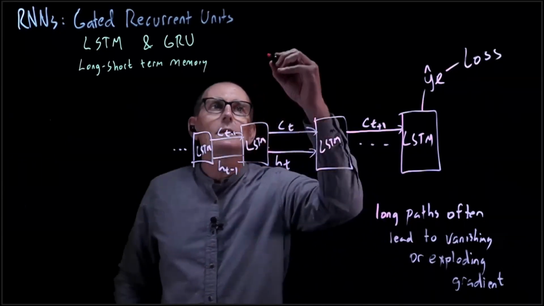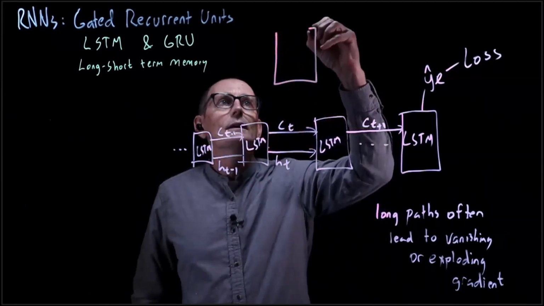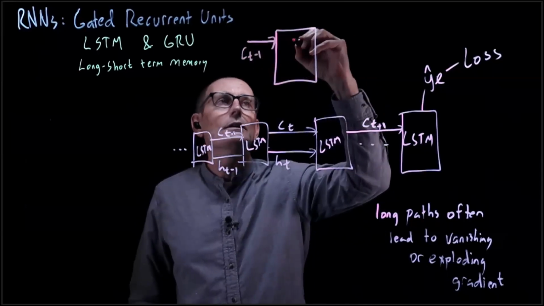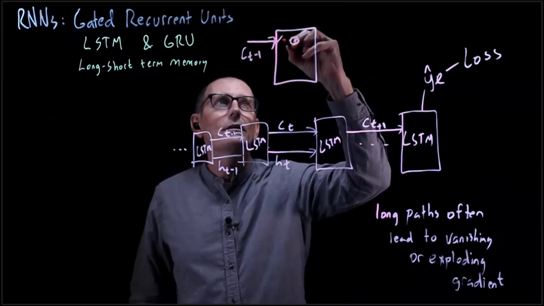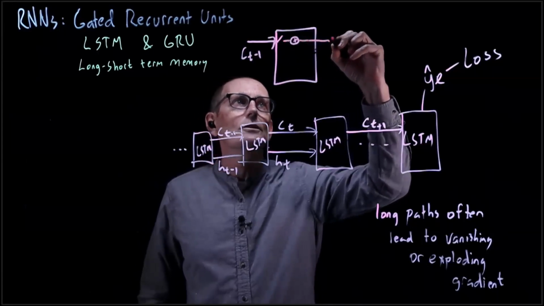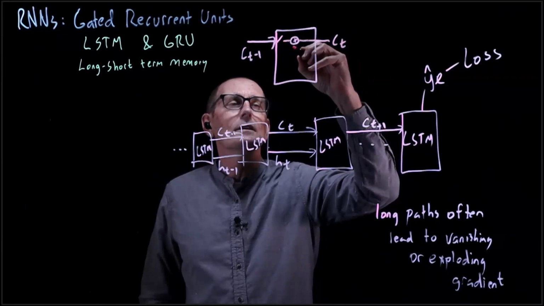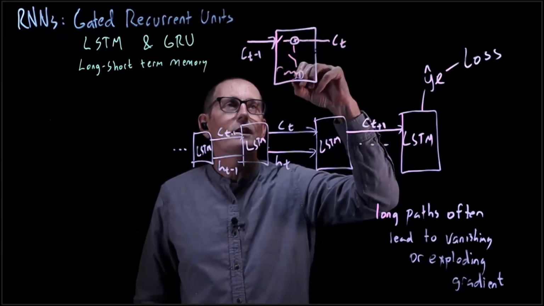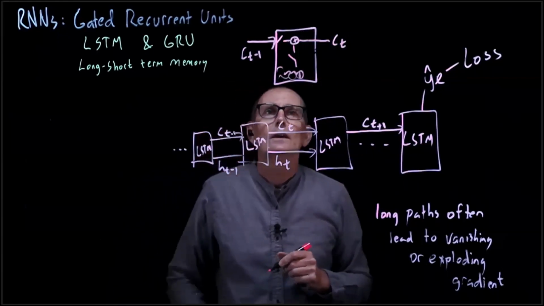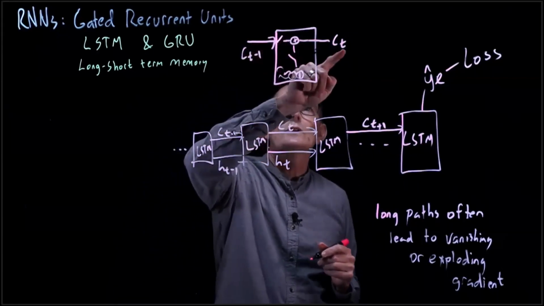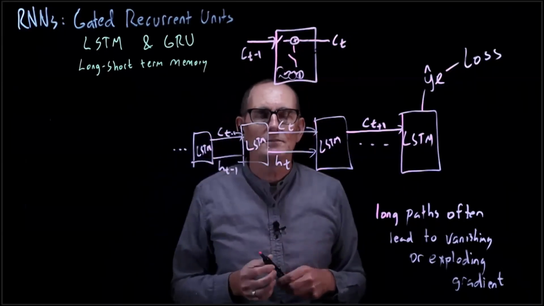The thing to keep in mind for LSTM is if we look at our C sub t minus 1 coming in here, it goes through, and we have a gate here, and then we go through to C sub t. And then we go in here, and we have a gate here. And we have a bunch of stuff that happens here, right? If this gate is open and this gate is closed, what is the relationship between C sub t and C sub t minus 1?